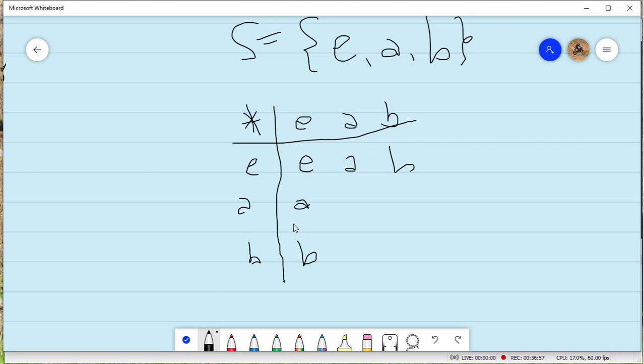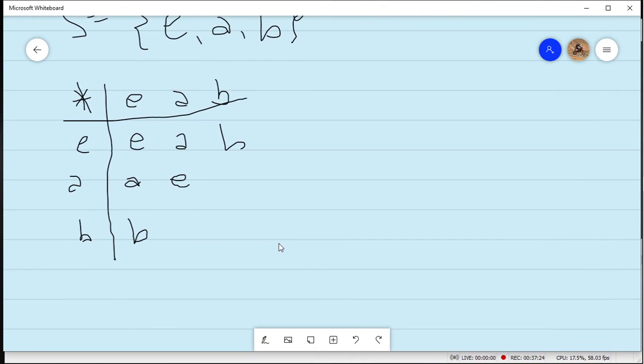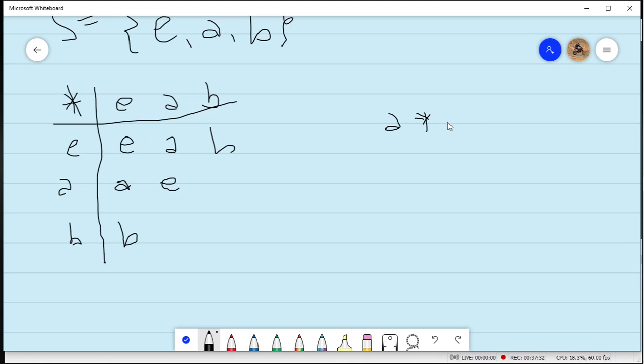Okay. Now, A must have an inverse. In other words, E should be found somewhere here. Okay, if we put E here. Now, this spot, what can be put in this spot? Now, recall from the properties of a group that the equation A operation X equals B must always have a solution.